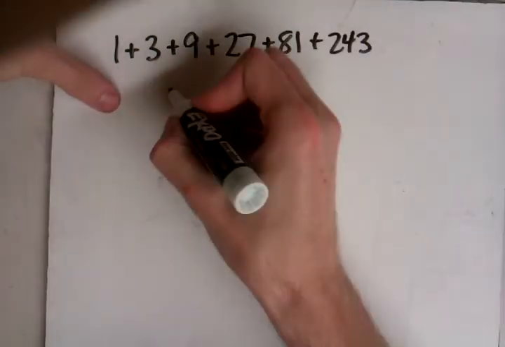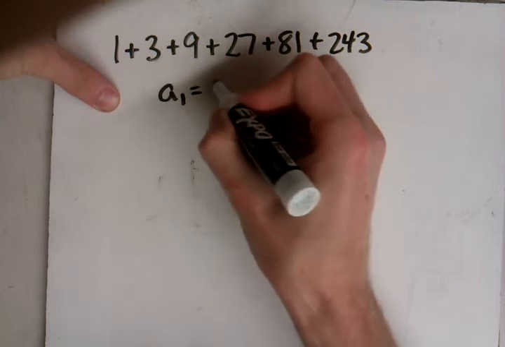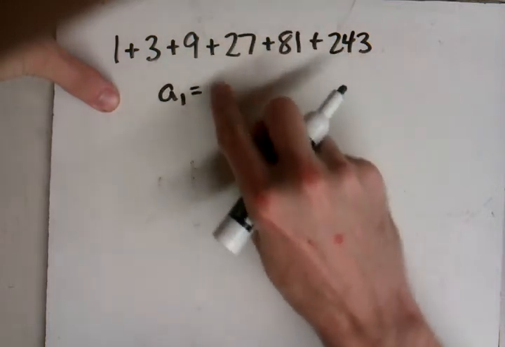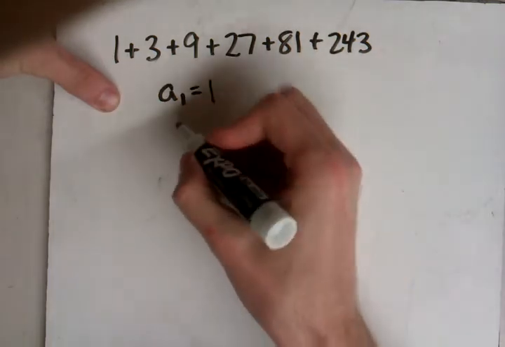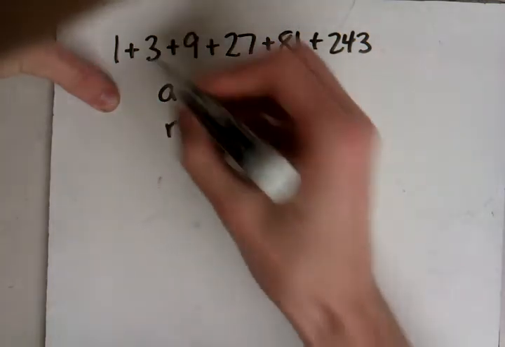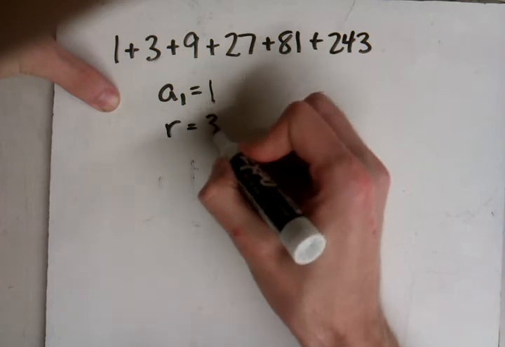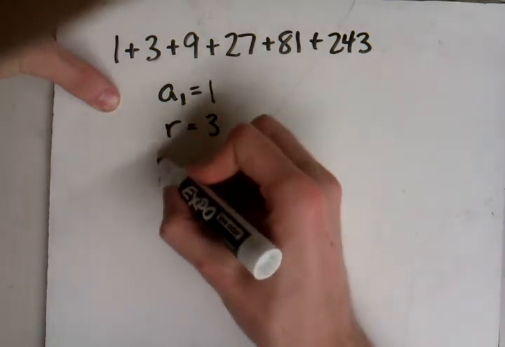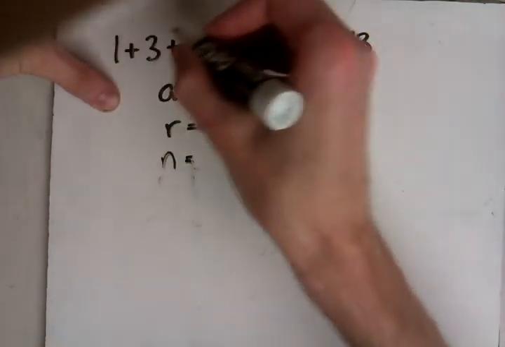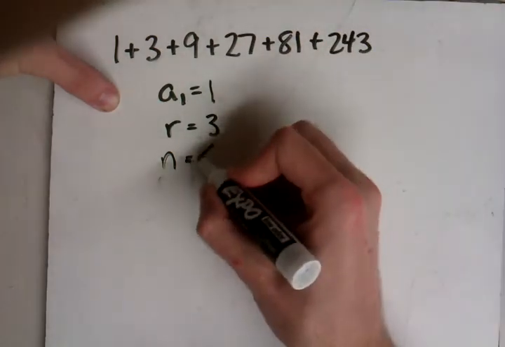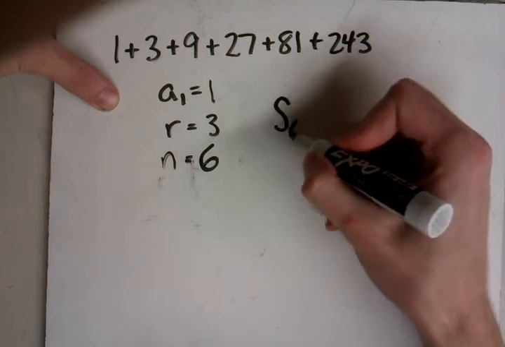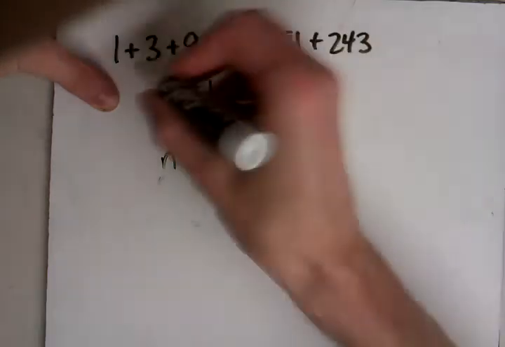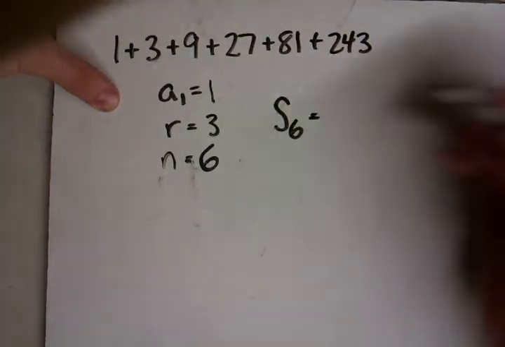So here my first term, my a1, is 1. My common ratio, what I'm multiplying by every time, is 3. And the number of terms I have, 1, 2, 3, 4, 5, 6, I have 6 terms. So for the sum of those first 6 terms, rather than adding these numbers all up, I can just use the formula.